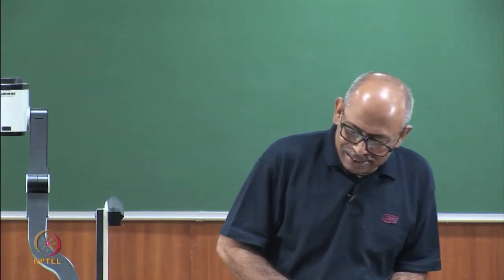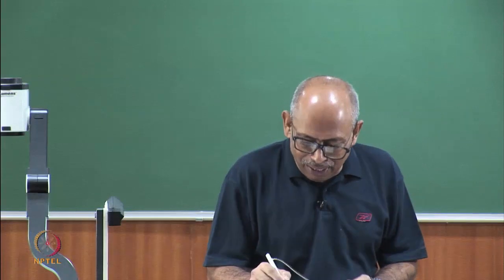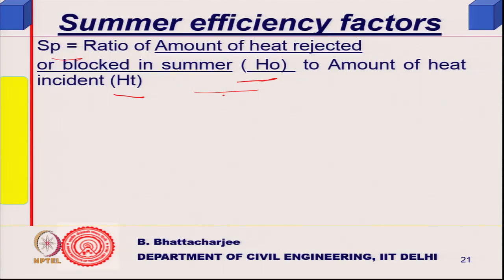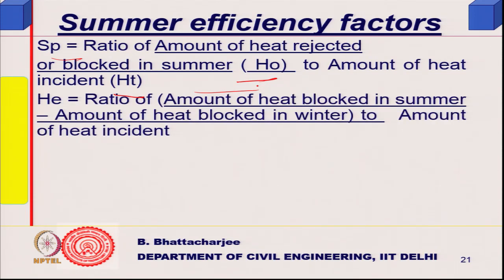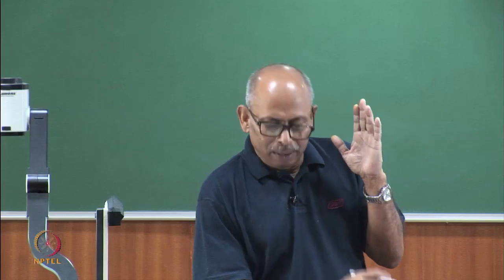So coming back to this, this is how we define it. SP is defined like this, and H is the ratio of the amount of heat blocked in summer minus the amount of heat blocked in winter to the amount of heat incident. So this is the total amount of heat incident on the surface over the year.